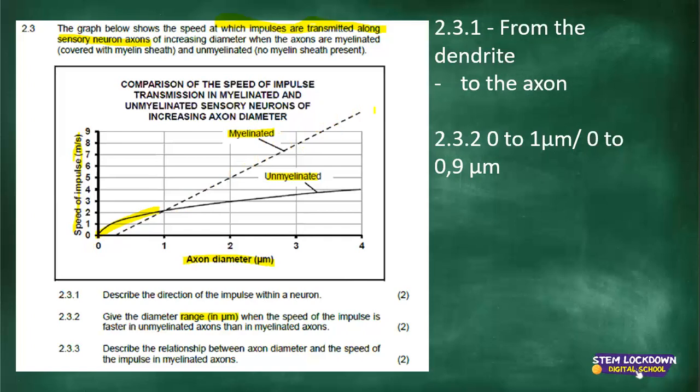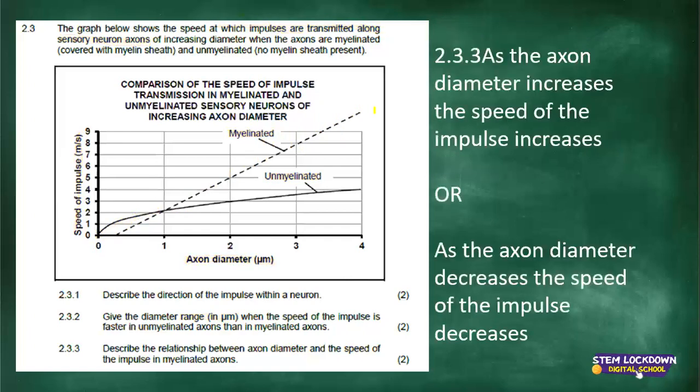What is the relationship? As the axon diameter increases, the speed of the impulse also increases. You can see it's a constant increase. The more the axon diameter increases, the higher up the speed goes. Or as the axon diameter decreases, the speed of the impulse decreases.